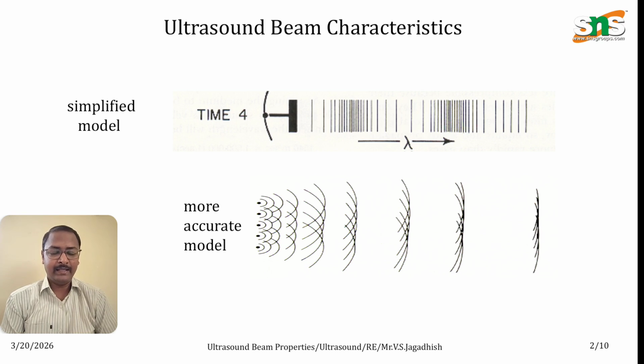They have n number of crystals in multiples of 2, for example 2, 4, 8, 16, 64, 128, 512, arranged in a linear fashion, curved fashion, or three-dimensional matrix fashion, according to the transducer and the need of image acquisition.